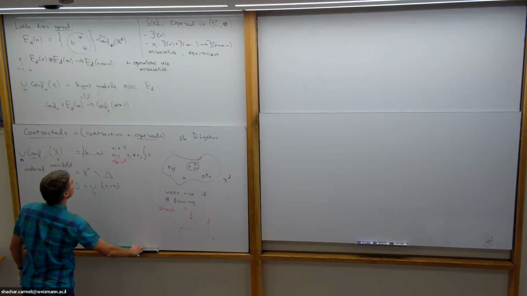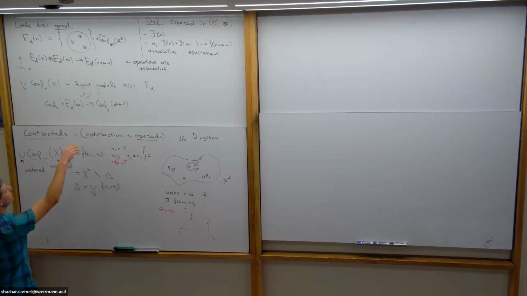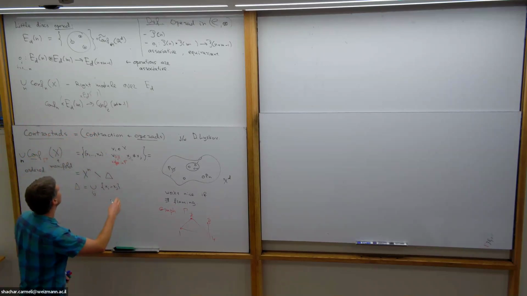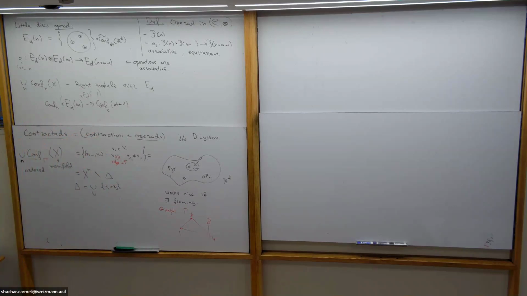But still, let me say one more word, so that still using this notion, using this structure of the model over the little disk operator, you can say quite a lot about the configuration spaces. And nowadays, people were able to prove, for example, the following statement. If you want to say what is the rational homotopy type of the configuration space, on which it depends.